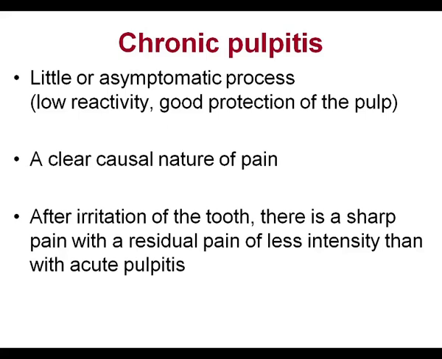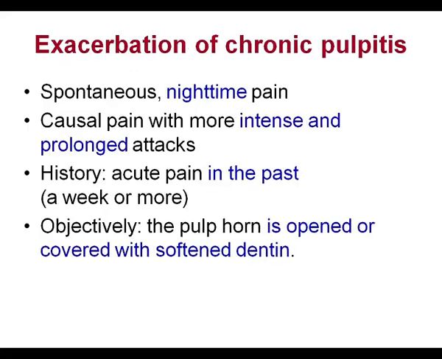For chronic pulpitis, little or asymptomatic process, due to low reactivity, good protection of the pulp. Sometimes it happens a clear causal nature of pain from irritants. And after irritation of the tooth, there is a sharp pain with a residual pain of less intensity than in acute pulpitis.